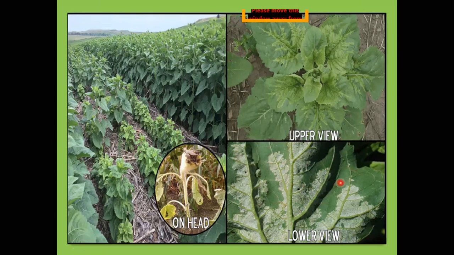This fungus also develops on the flowers as well as the head portion of the sunflowers. At the time of the flowering season, this whitish powdery growth may be seen on the flower.